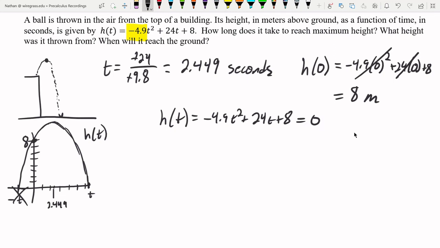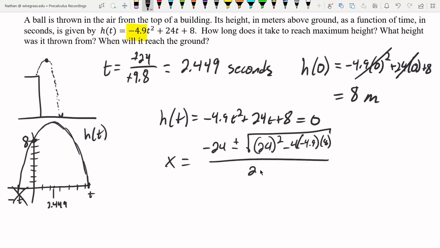This is a quadratic equation. To solve this, we can factor it if possible, or in this case, probably better to use the quadratic formula. So it's going to be negative b plus or minus the square root of b squared minus 4ac, all over 2 times a.